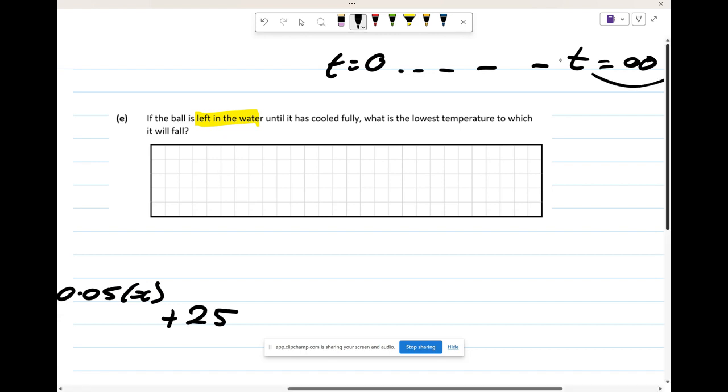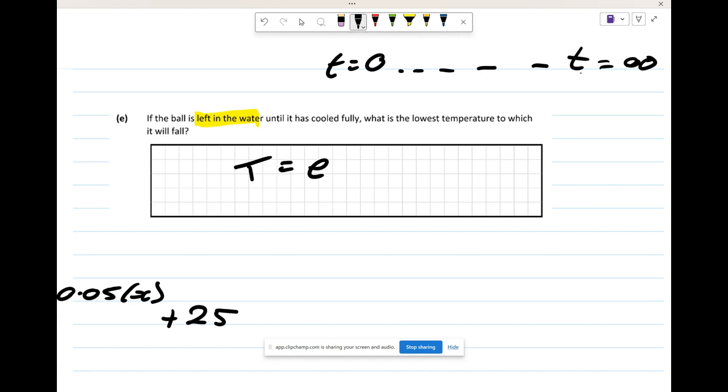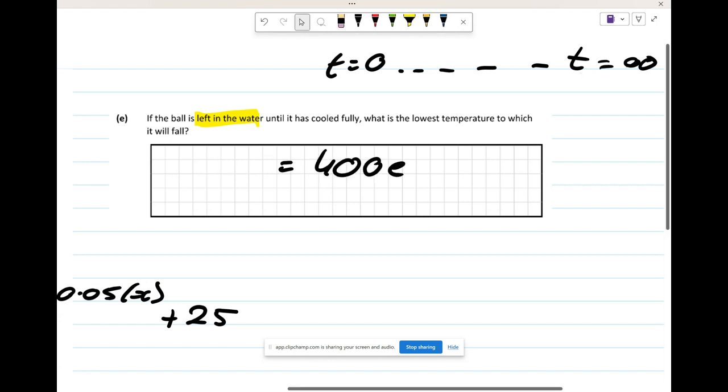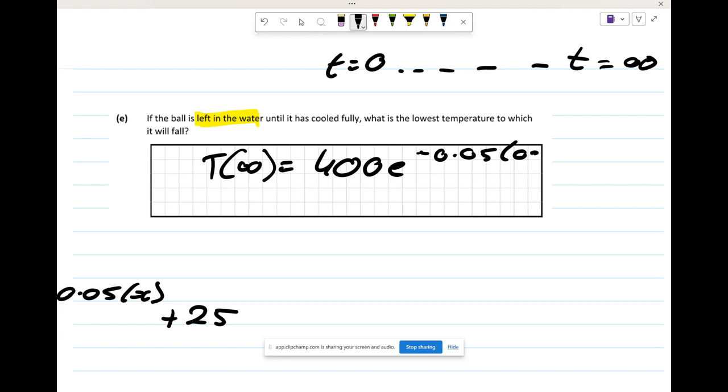So x here is actually going to be infinity. So if we take T of infinity, it's going to be 400 e to the minus 0.05 times infinity plus 25. Okay, and so infinity, when you're multiplying things, has similar rules to 0.